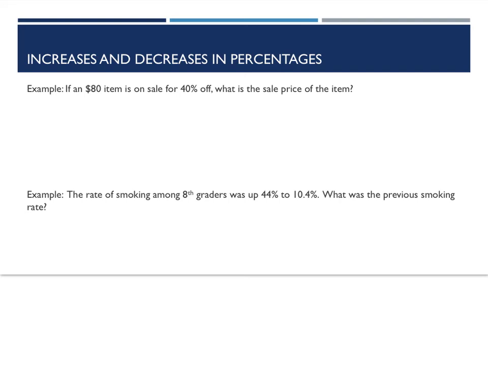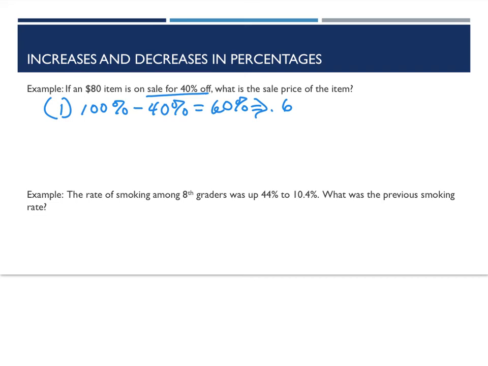I have an item that's on sale for 40% off. Sale should be subtracting, right? So I take my 100% and subtract 40%, which leaves me with 60%. As a decimal, 0.6.